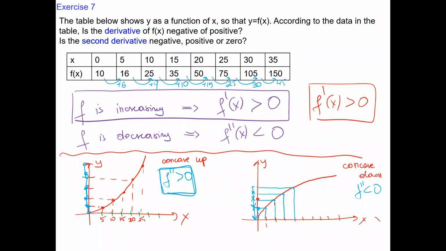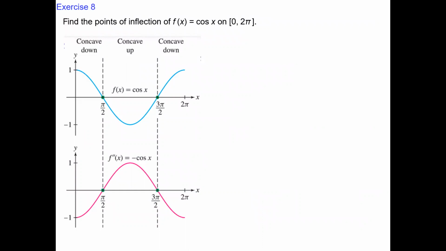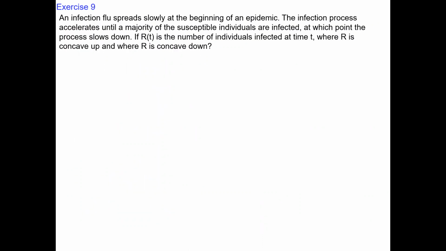Okay, another one. Let's skip this one, it's almost solved. Let's do applications. Let's struggle a little bit. Scenario: an infection, flu, spreads slowly at the beginning of an epidemic.